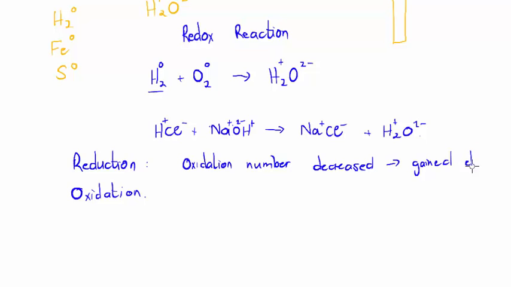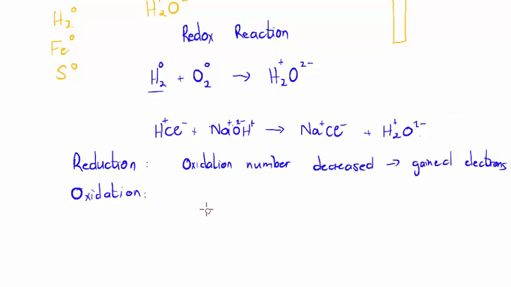Now this is where people usually confuse it, because reducing sounds like I am losing something, and yet I'm actually gaining something. Reducing is about my oxidation number having reduced from being positive to negative, or from -1 to -2, or going from 0 to -2 in this case, for example.